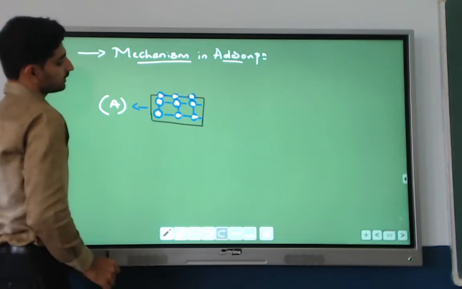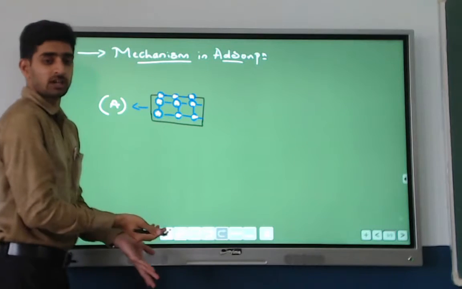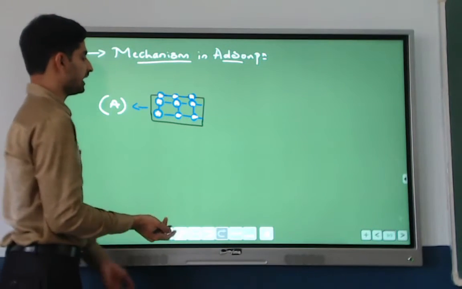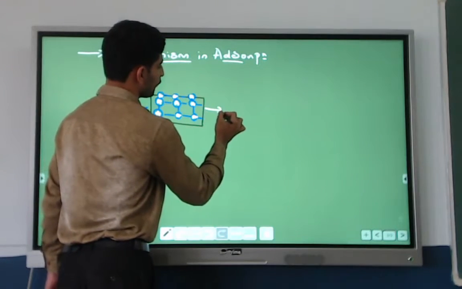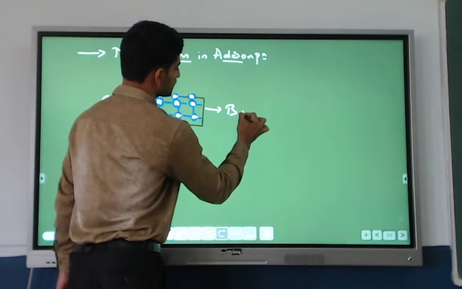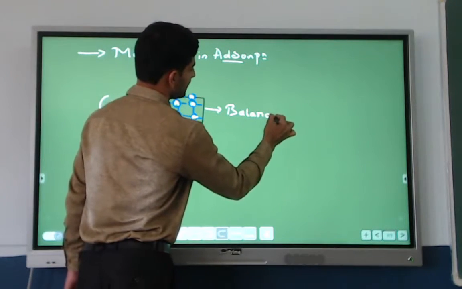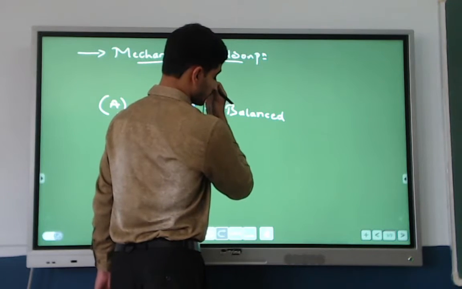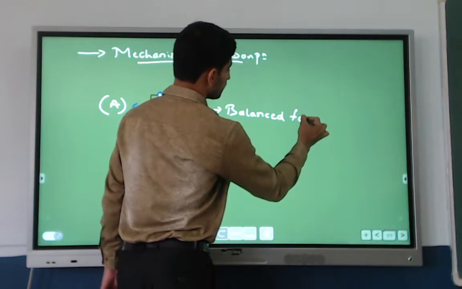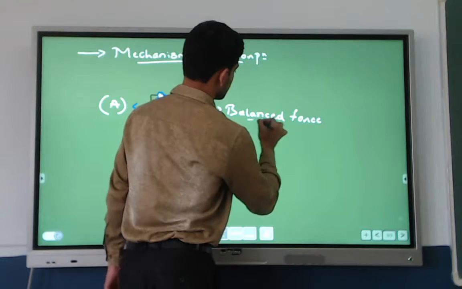Due to the presence of the same molecules in all directions, surrounded by the same type of molecules everywhere, what type of force will be present? A balanced force will be there.